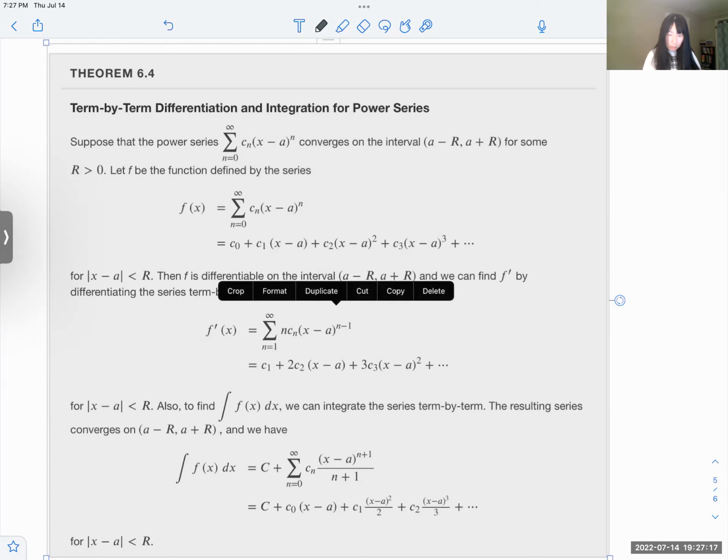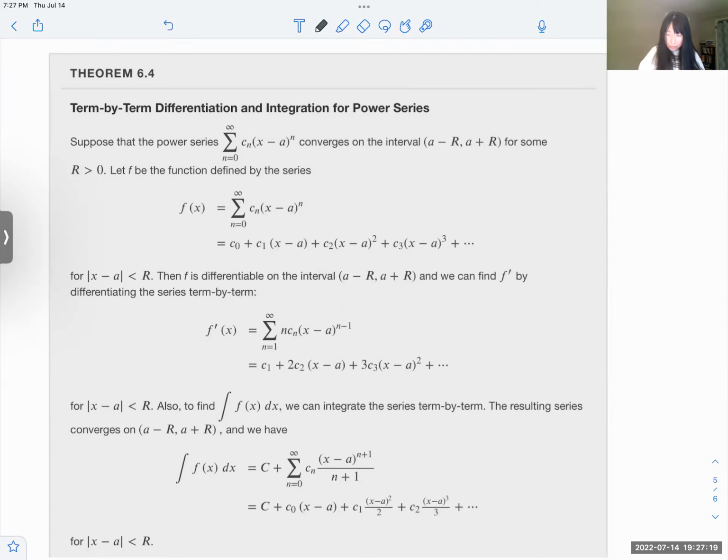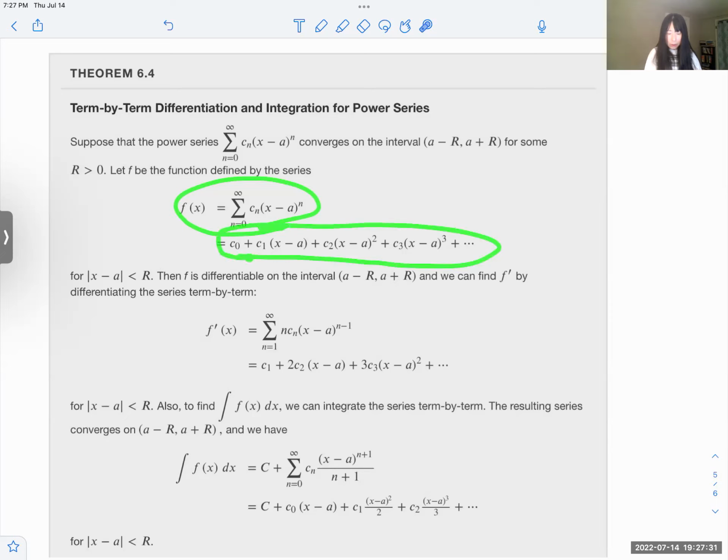So let me just go over. We have a power series, okay? Then we expand term by term like this, okay? How do we take the derivative? We differentiate term by term. So the first term, which is constant, is 0.